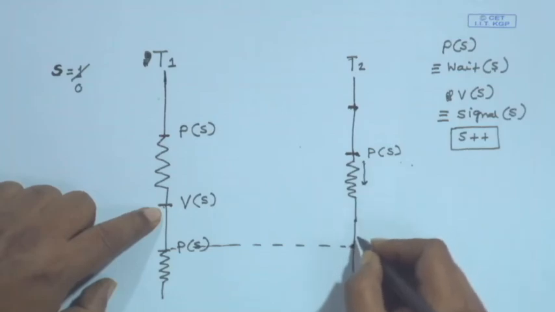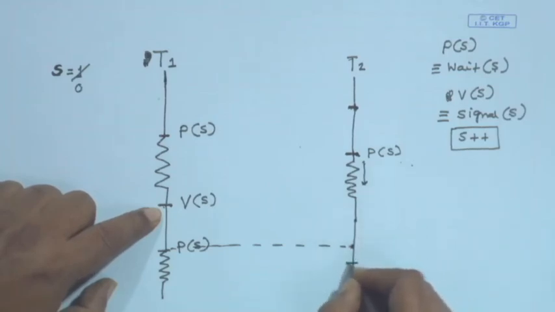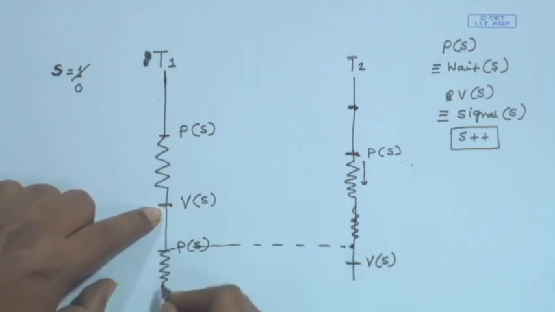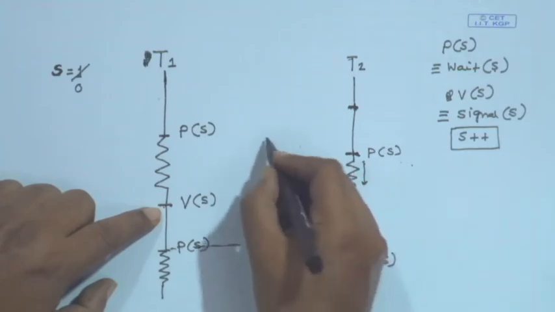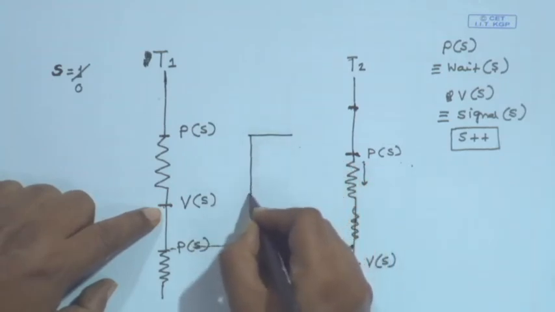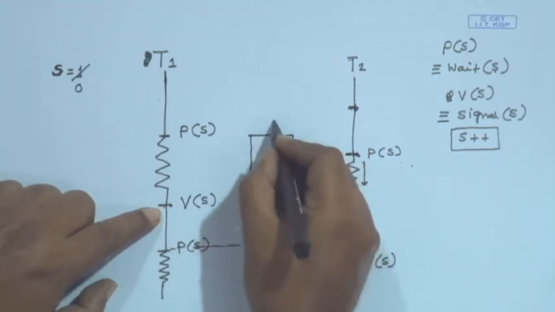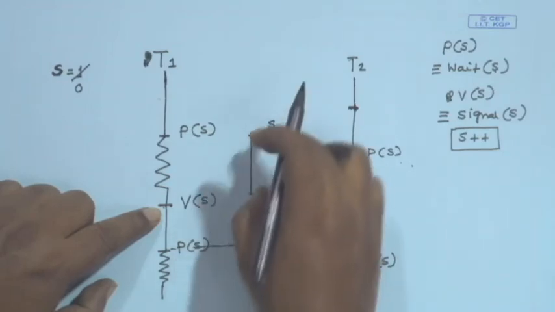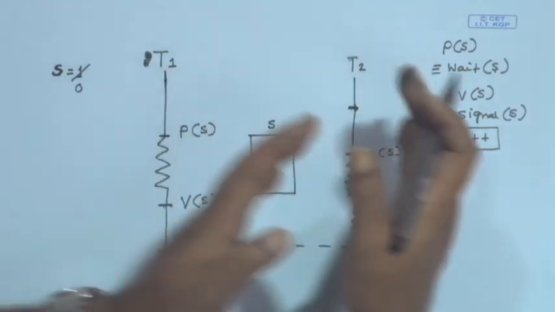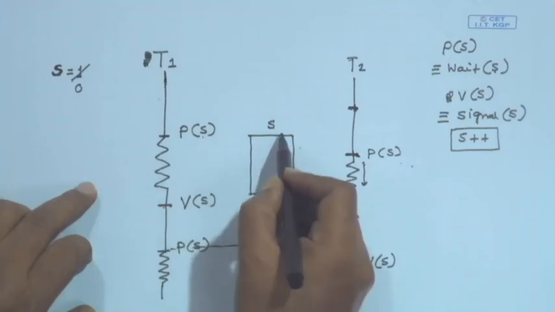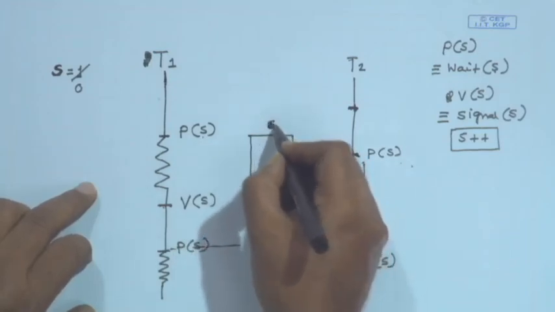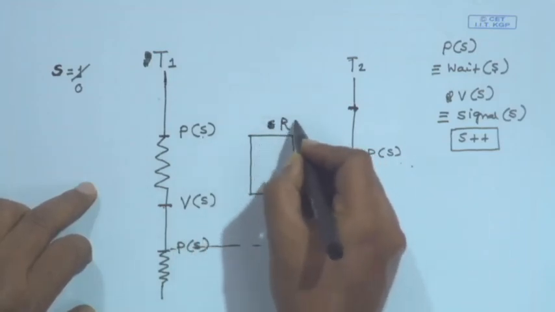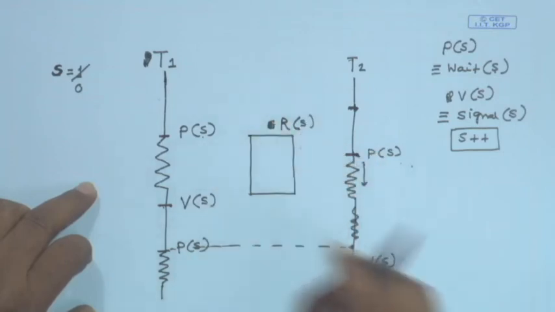When T2 exits this point, say here T2 does VS, only after that T1 can go in. Therefore, a particular shared resource that has been gated by S is being provided mutual exclusion by the semaphore S. All right. Say the resource R is being protected by the semaphore S.